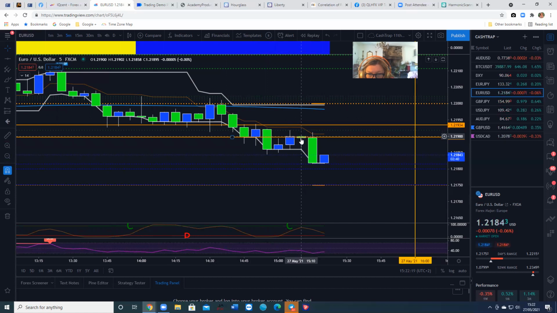So it opened green. It tried to push down, but it's kind of an indecision, isn't it? It's saying I want to go down, but I can't quite manage it, but I'm trying to sell. And then here it opened just where it closed with a wick to the top with a strong bearish engulfing candle, a nice solid candle, and it's off that line now, coming back up. So it's a little retrace back on the 20 past.